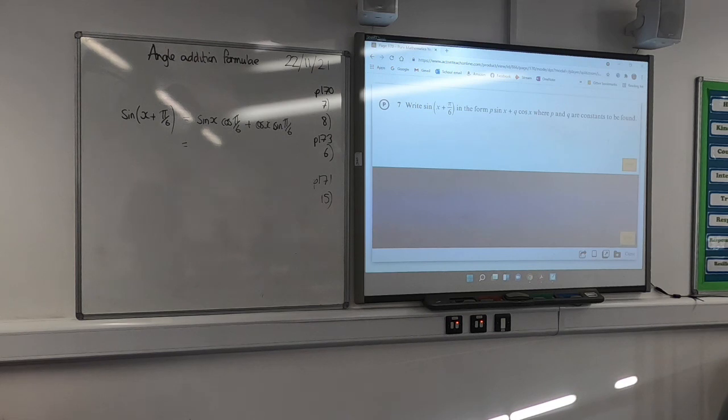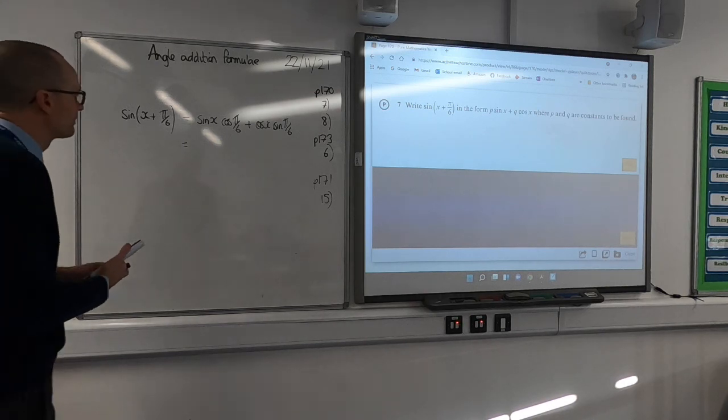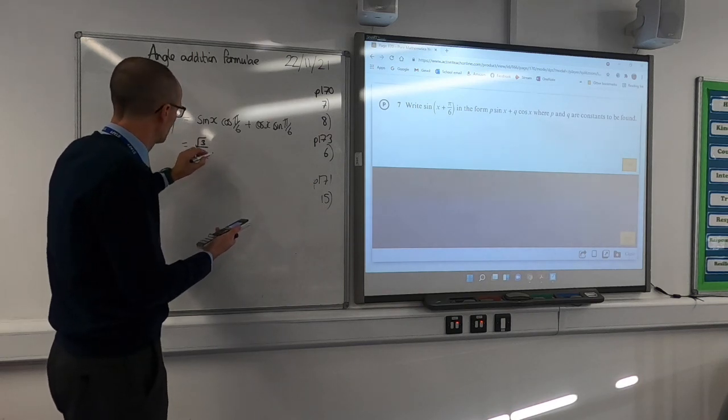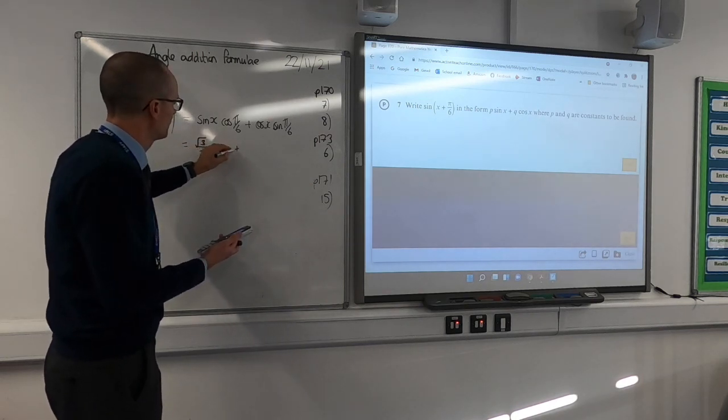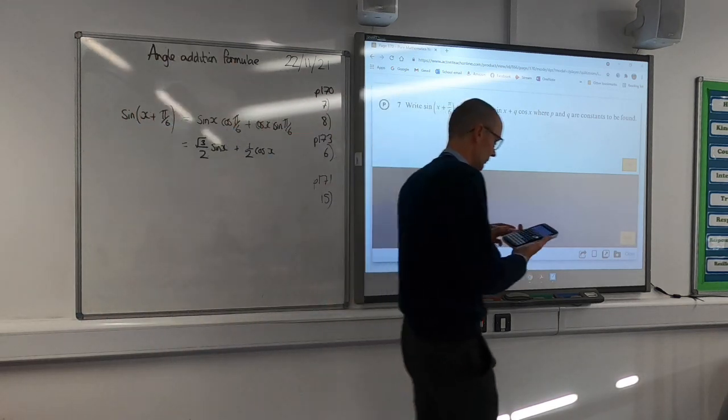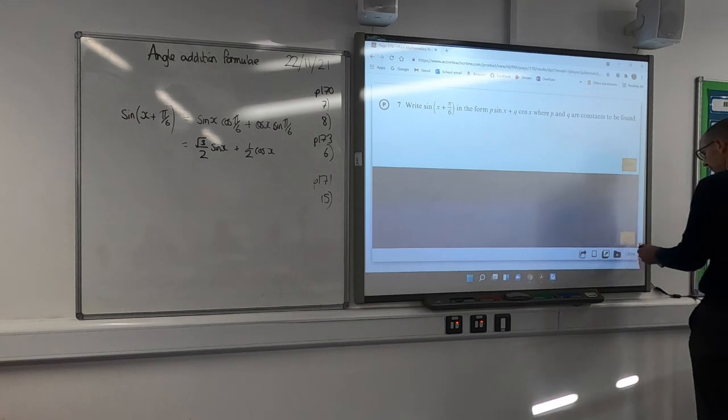You need to switch your calculator back into radians, or you can remember that pi over 6 is 30 degrees, of course, which is maybe quicker. So that's all they're after. Simple as that.